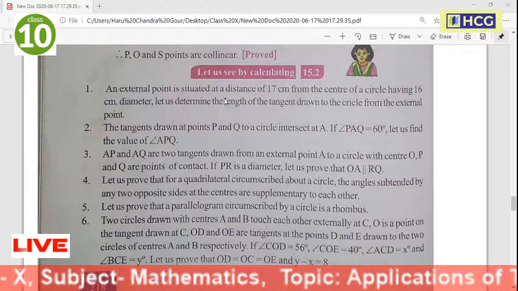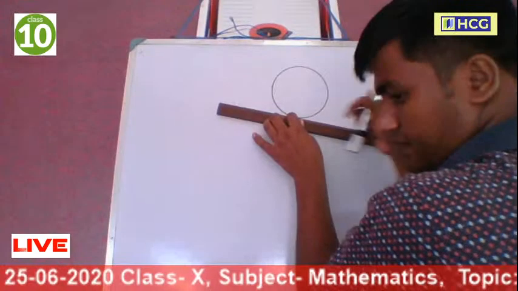First we draw a circle. Next we draw a circumscribed parallelogram. In a parallelogram, the opposite sides are parallel.